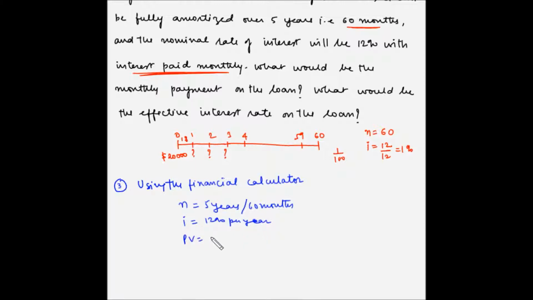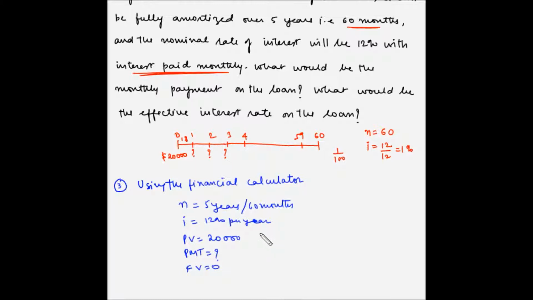Present value is 20,000. Now this I'm keeping positive because this is the amount that we are getting from the bank. Payment amount or the monthly installment is unknown, and future value is 0. The future value is 0 because all the loan amount will be paid using the equated monthly installments. So there is no need for any future value to be found out.